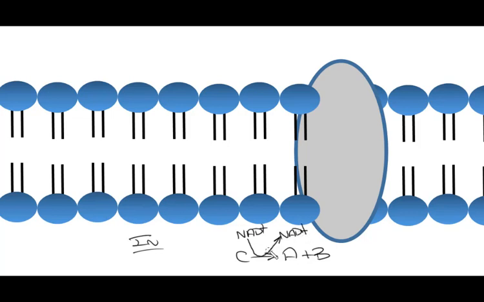We've seen that before. Let's say that this protein, this transporter right here, has a little spot where NADH can bind. So every time we have NADH, NADH now binds to this molecule.